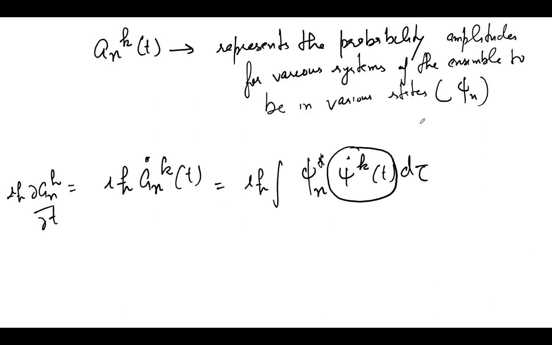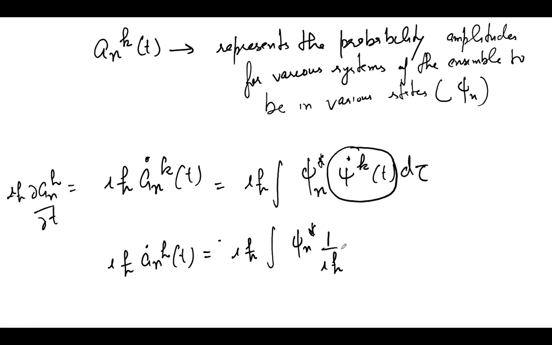Putting the value of this psi dot k of t in this equation, it becomes i h bar a n dot k of t equal to i h bar times the integral of phi n star, 1 over i h bar, H operator on psi of k t into delta tau.